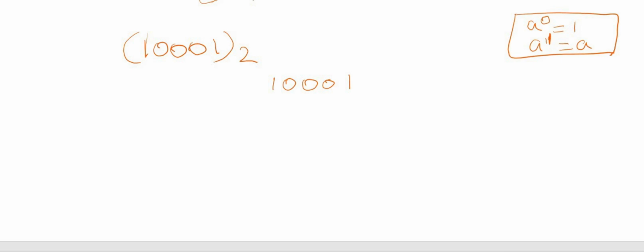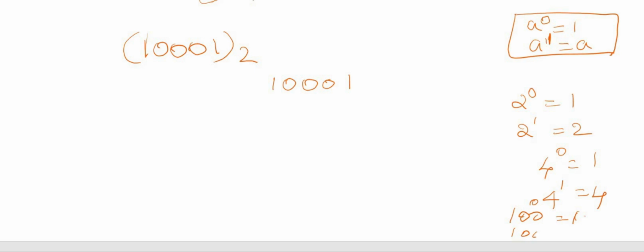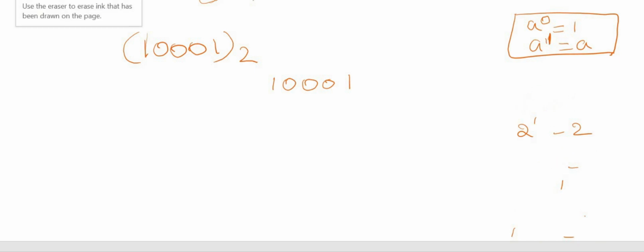So 2 raised to 0 is 1 and 2 raised to 1 is 2. 4 raised to 0 is 1 and 4 raised to 1 is 4. Any number to the power 0 is equal to 1, and any number to the power 1 is equal to that number itself. You must learn this formula by heart.